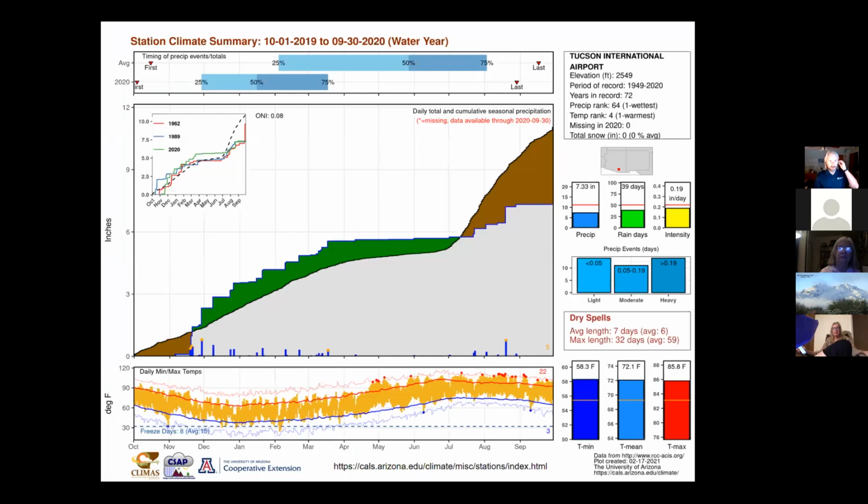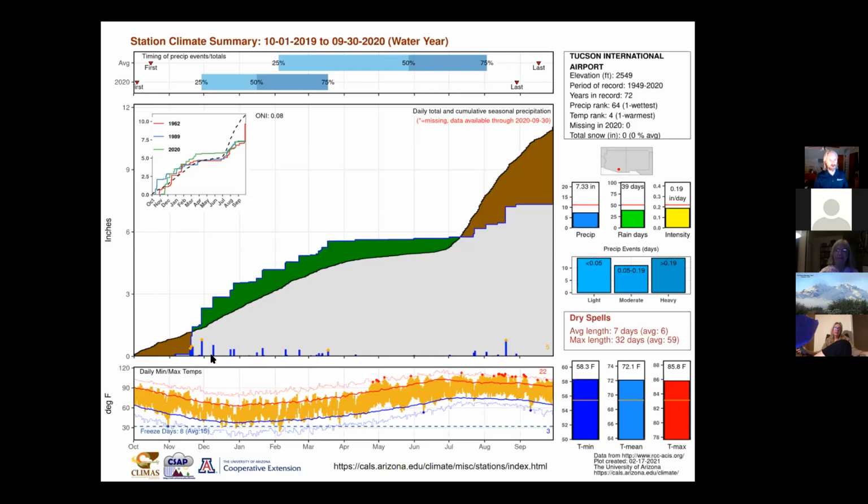Okay, and I make these crazy plots because I'm a climate nerd. This is Tucson data for October of 2019 through September 30th of 2020, and it takes the daily precip and temp and plots it out here. But just to draw your attention to this cumulative precipitation plot, it's hard to remember, but we had two winters in a row where we actually had good fall precipitation, and we had good spring blooms because of these two years in a row.